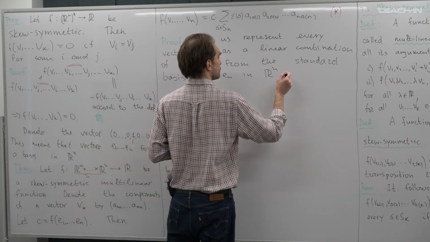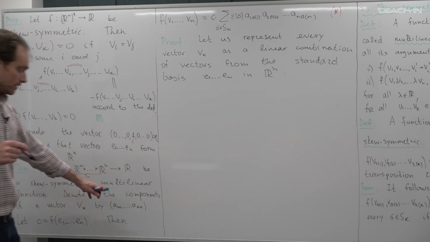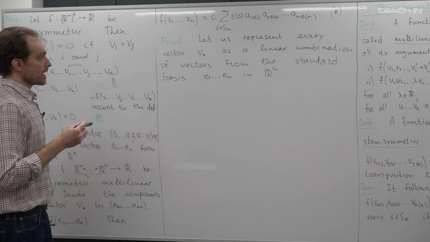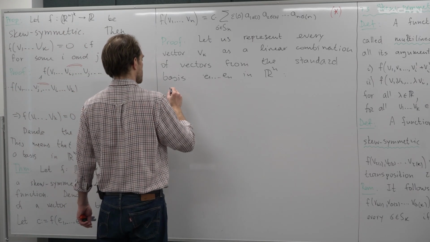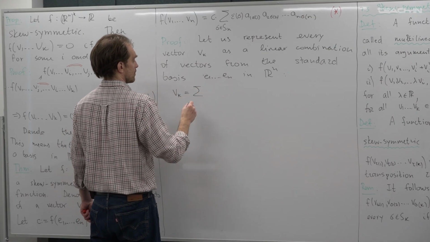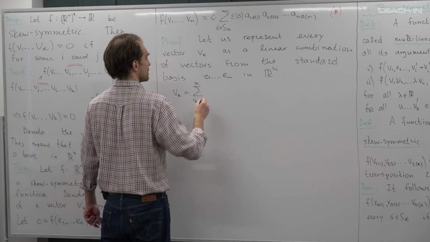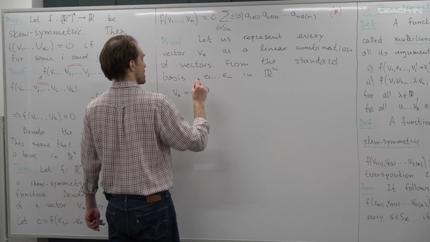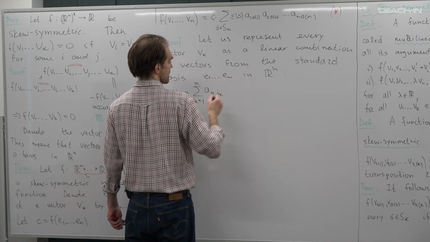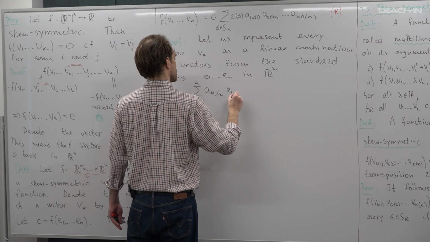Okay, so how do we do it? So we know that the components are denoted by a sub k1, etc., a sub kn. So this means that v sub k is the sum where i sub k ranges from 1 to n, a sub k, i sub k, multiplied by e sub i sub k.